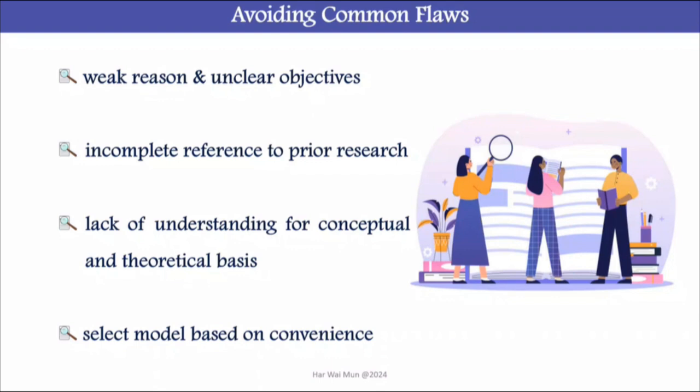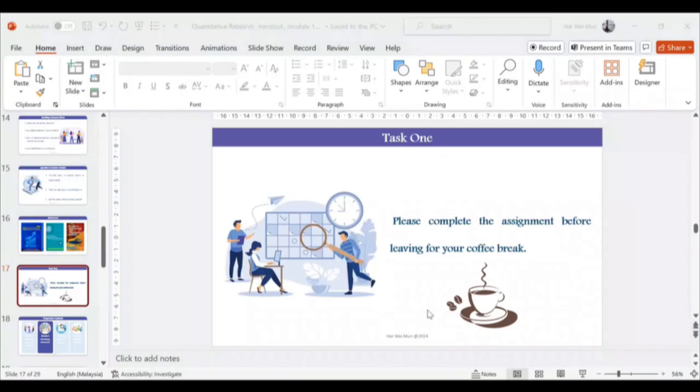Can I ask about the thesis? Is there any minimum for the research objectives and research questions? Is a thesis good with two objectives and two questions? No. Usually from undergraduate to master to PhD, the common practice will be three research objectives and three research questions.